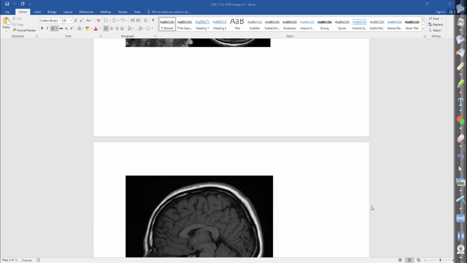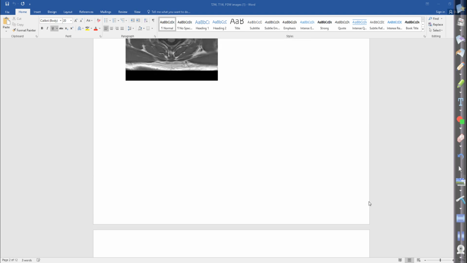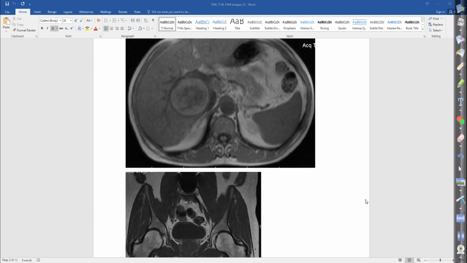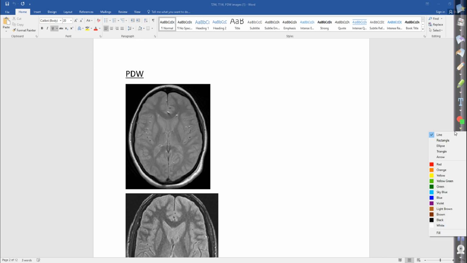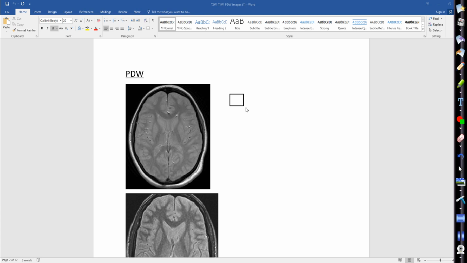All right, moving on to just proton density. And I don't really have to draw my curves with proton density because we're diminishing T1 and T2 contrast. So it's all just based off how many hydrogen spins we have within a specific voxel.